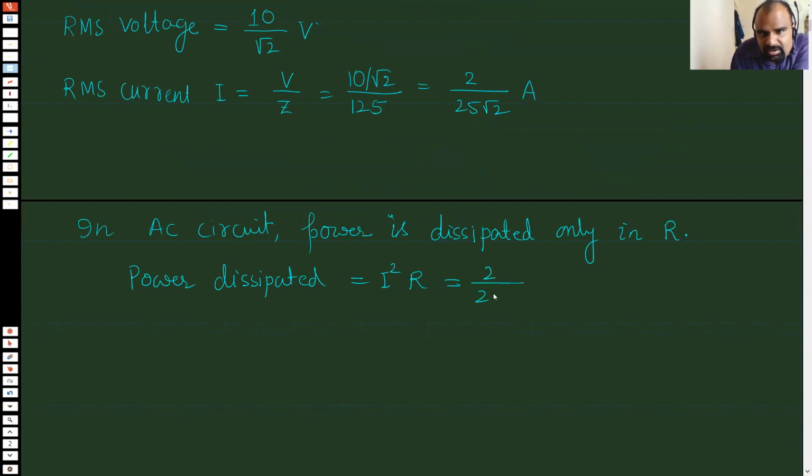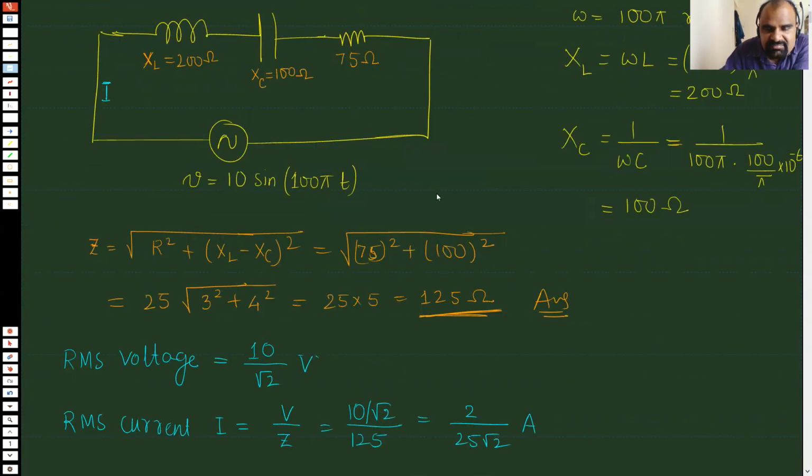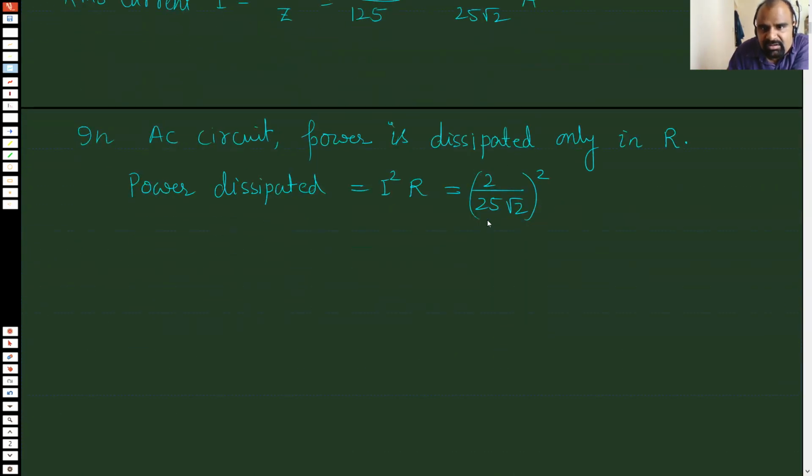So (2 by 25 root 2) square. And what was the resistance of the circuit? It was 75 ohm. So into 75, this will be in watt, because this is power. So that is 4 by 25 into 25 into 2 into 75 joule per second.